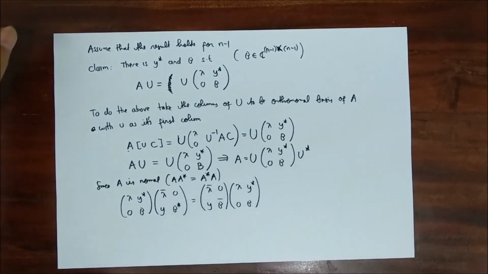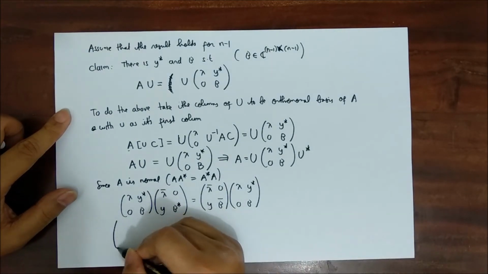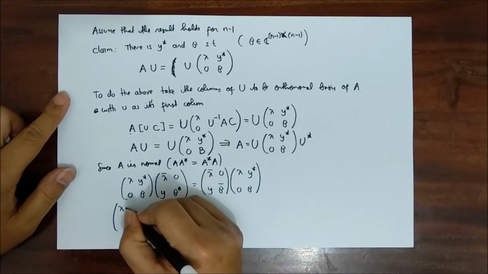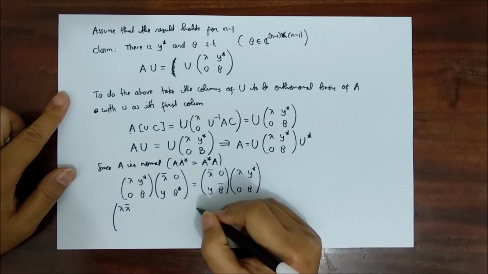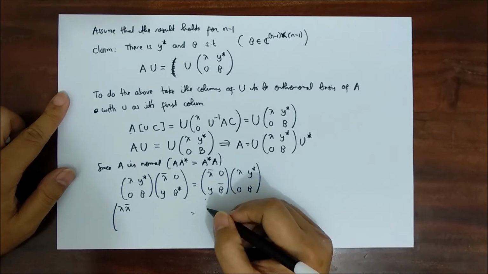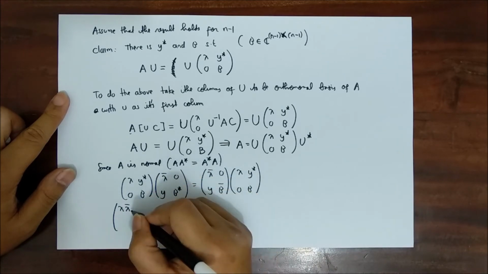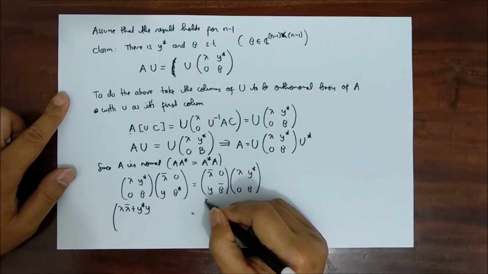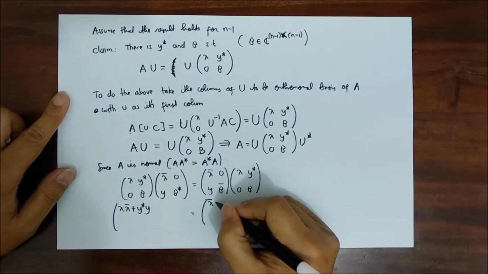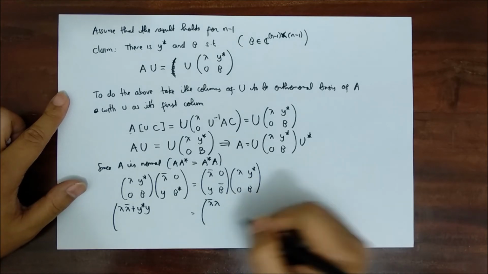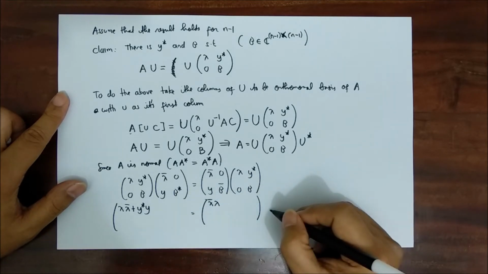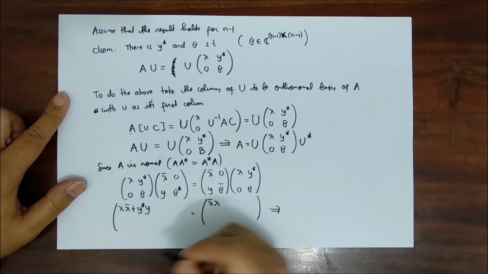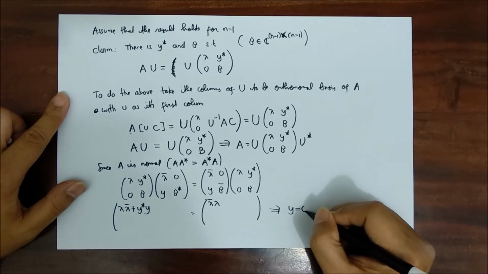Okay, the left hand side gives us lambda bar lambda plus Y star Y in the first entry, and here on the other side we have lambda bar lambda. So just looking at the first entry only, we can conclude that Y star Y is equal to 0, meaning that Y is 0.